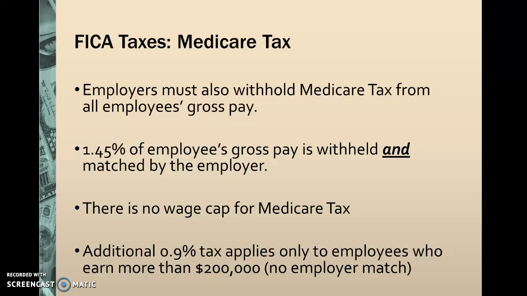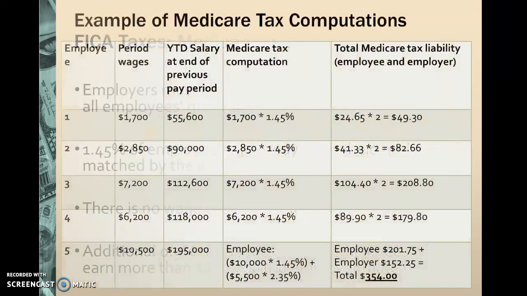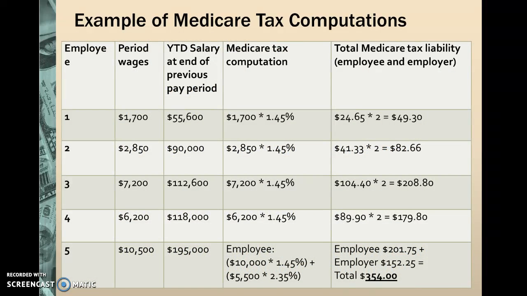Now, there is no wage cap for Medicare tax. The only difference is that an additional 0.9% tax applies only to employees who earn more than $200,000. On the additional 0.9%, the employer does not match that. So let's take a look at some examples. As you notice, there is no limit on Medicare tax.